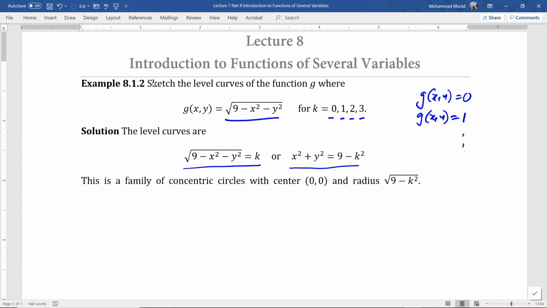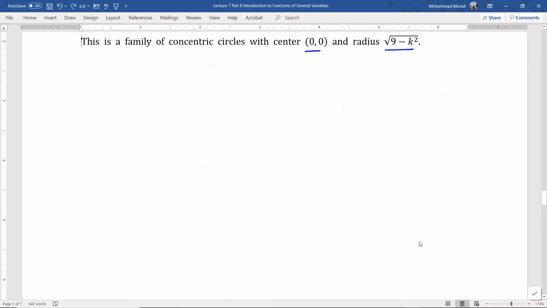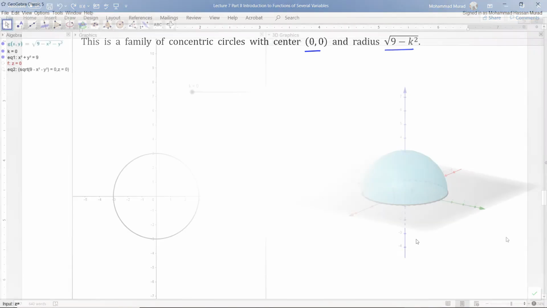This is the family of concentric circles with center at 0, 0 and radius the positive square root of the quantity 9 minus k squared. Let's try to plot the level curves in the following applets.